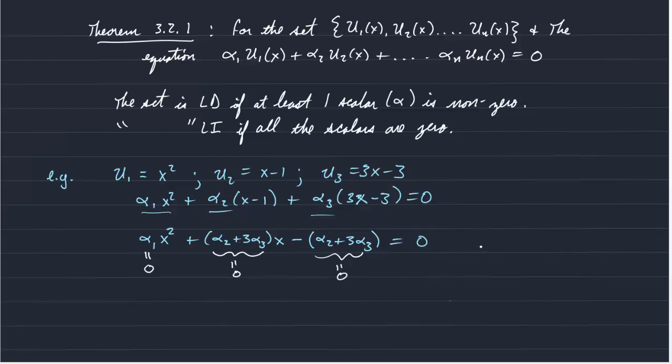And so these last two conditions require that alpha 2 is equal to minus 3 alpha 3, and neither alpha 2 nor alpha 3 need to be 0.